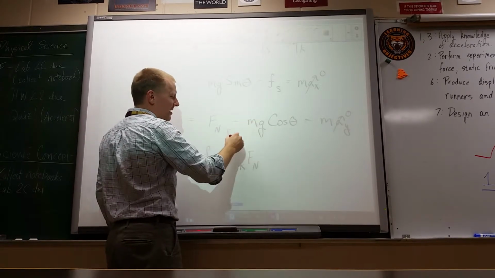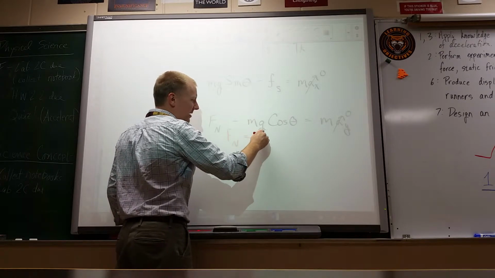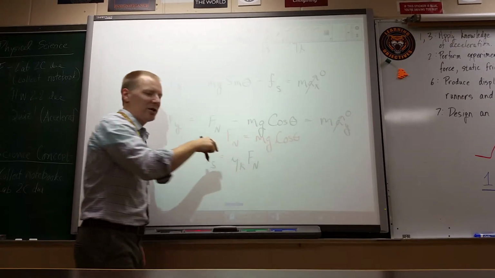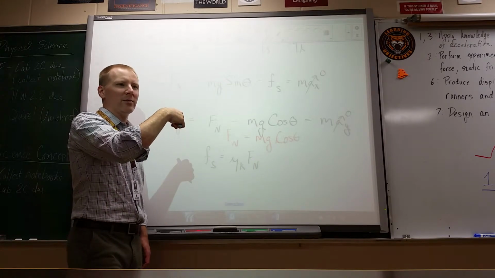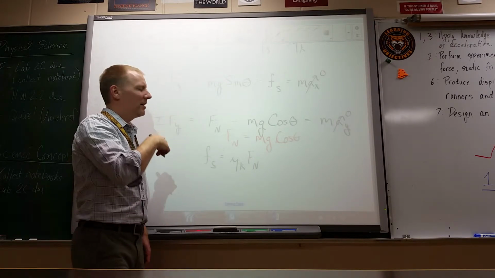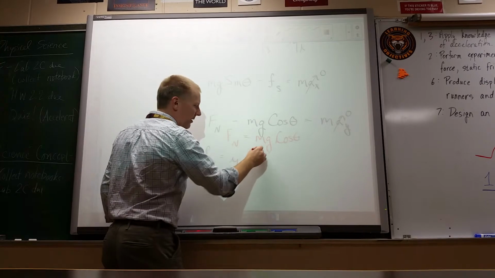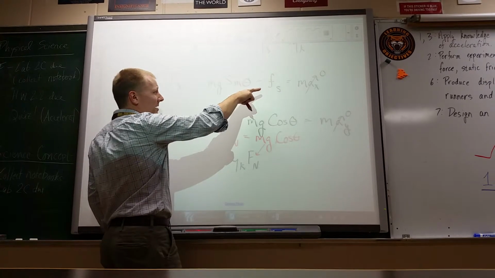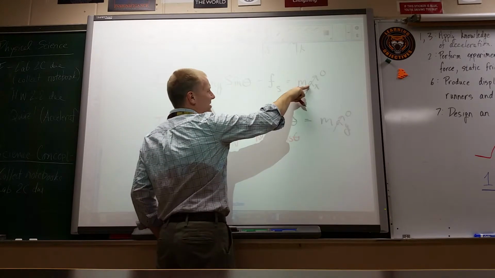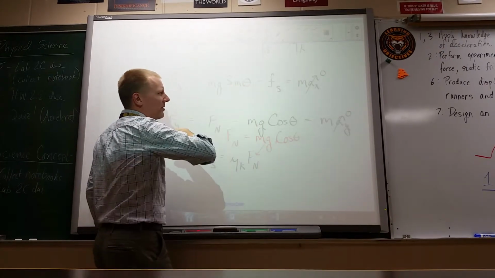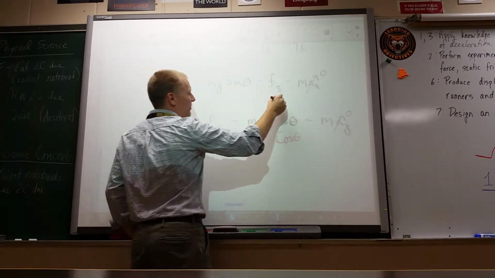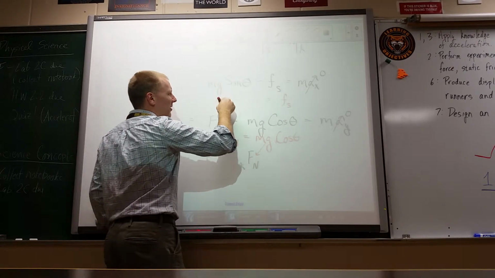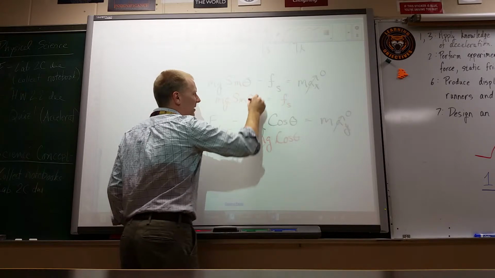Since that's equal to 0, we can say that the normal force must be equal to that mg cosine theta, the amount of gravity going directly into the ramp. I'm going to take that and put it in for my normal force. Likewise up here, since these two are equal, the difference between them is 0, that must mean that my static friction is equal to mg sine theta.